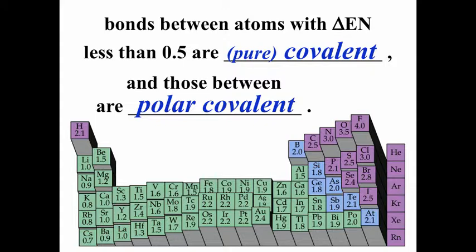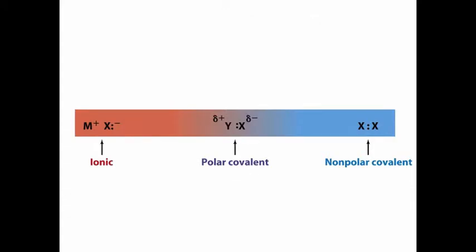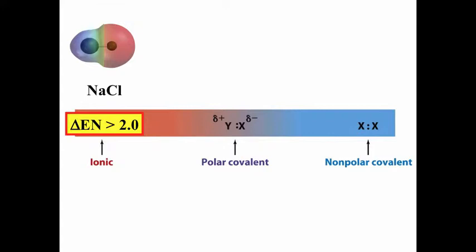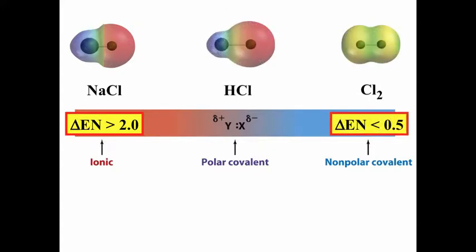On the other hand, if we have atoms that don't differ very much in electronegativity, when their electronegativity values differ by 0.5 or less, then that's pretty equal sharing, and we're going to just call that a covalent bond. And if we're between those two, then we have sharing that's unequal, and that corresponds to a bond being polar covalent. Now again, this is a continuum. There's no real harsh or discrete specific cutoff between ionic, polar covalent, and nonpolar covalent. Different texts and different people use slightly different places to make the transition. We're going to go with what our text does: 2.0 or above for electronegativity difference being ionic, less than 0.5 being nonpolar, and then in between being polar covalent.